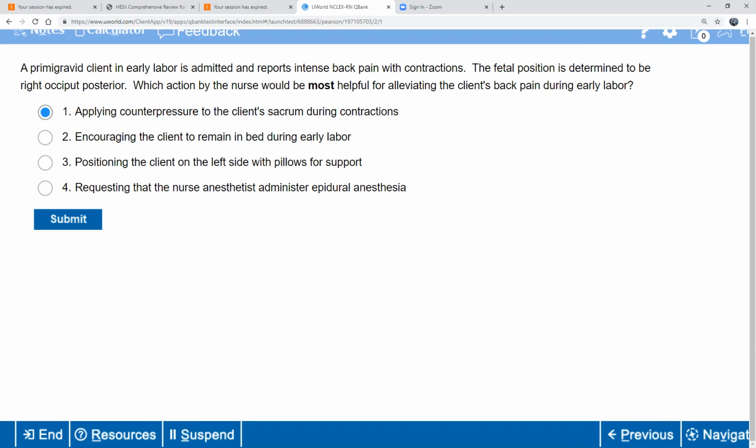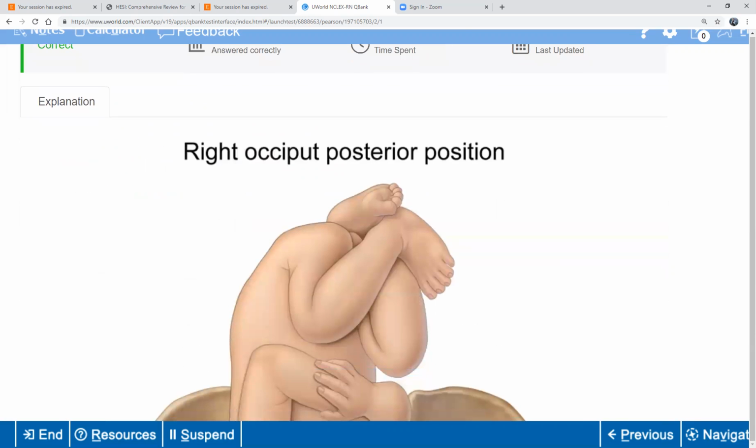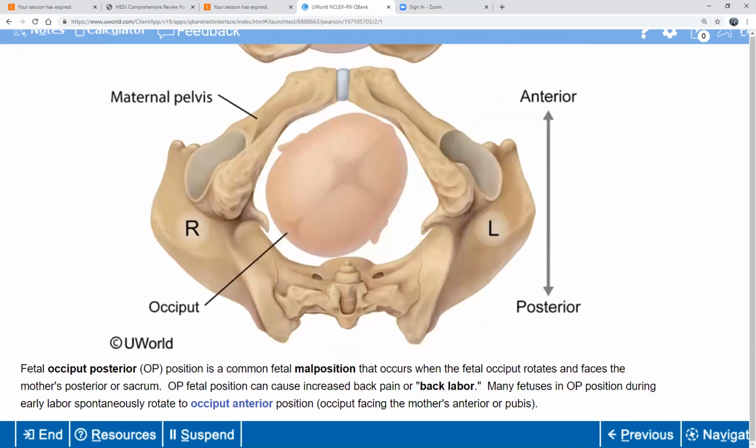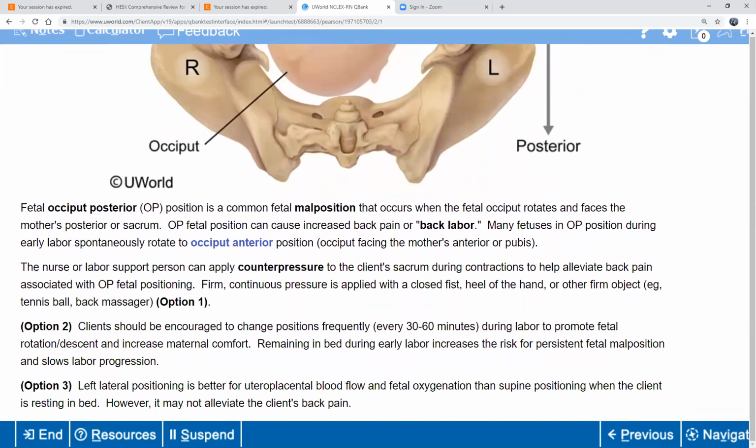Okay, so you were correct. Yeah, so one is correct. Lovetta is correct. That's the ROP. Yeah, ROP.